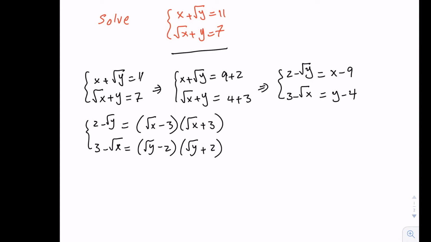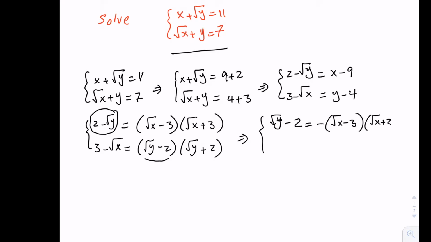Now we see that the left hand side of the first equation is the negative of this term, so I can rewrite this as square root y minus 2 is minus square root x minus 3 times square root x plus 3, and the second equation is as is.